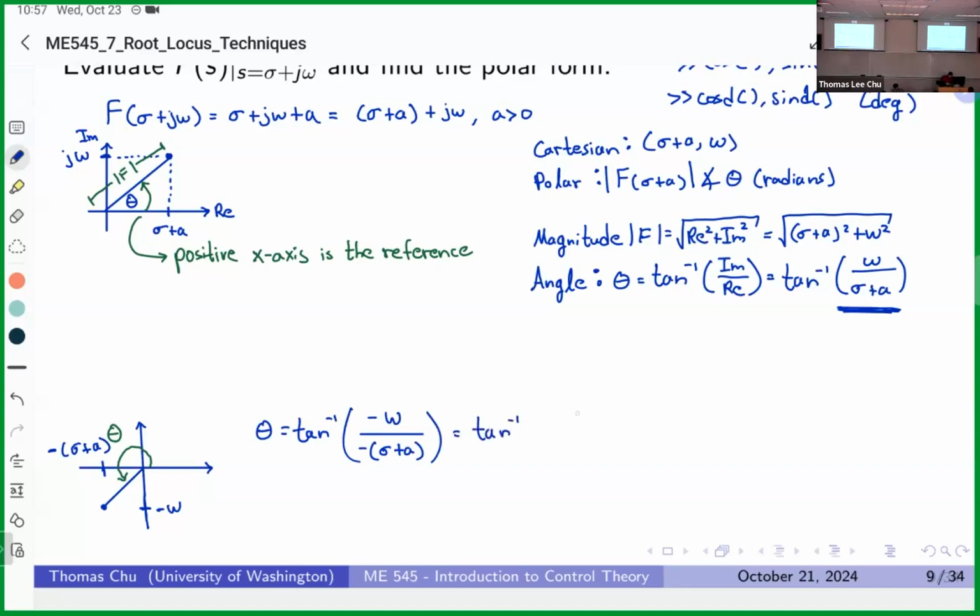We still get the same angle, omega over sigma plus a. So these two are the same mathematically, but the quadrants are different. And this will actually be important for drawing the root locus. We need to identify the quadrant.